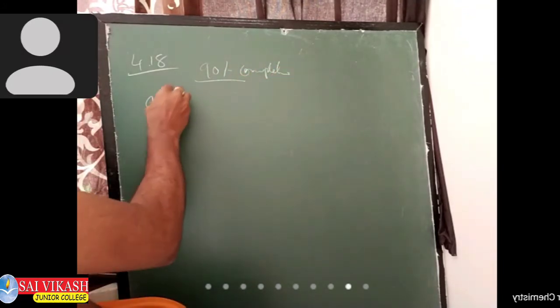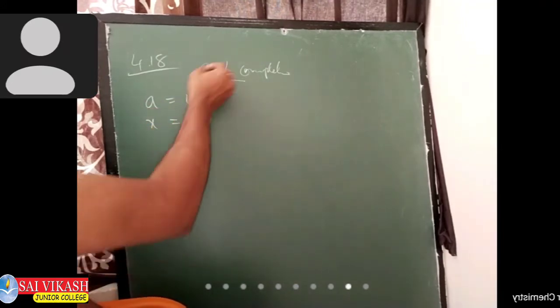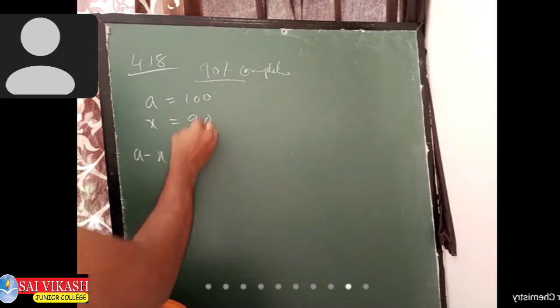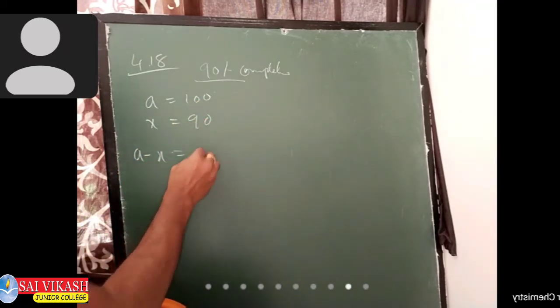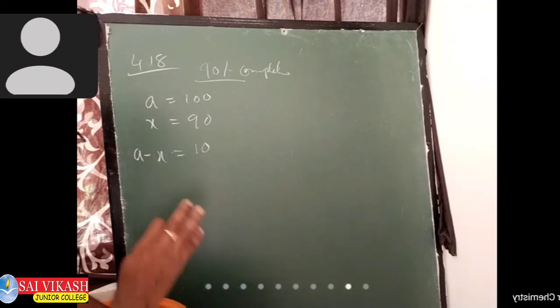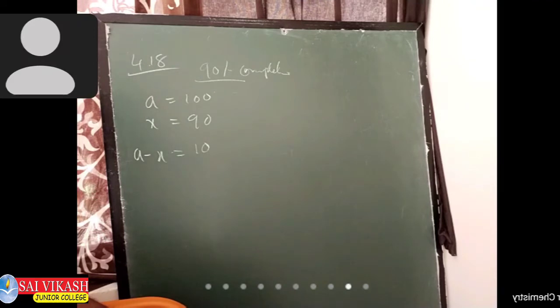Initially take 100. X is 90, as 90% completion is given. Then A minus X will be 100 minus 90, which is 10. Whatever the time required for this, you need to find out first. For 99%, 2 times is required. That is what we need to show.